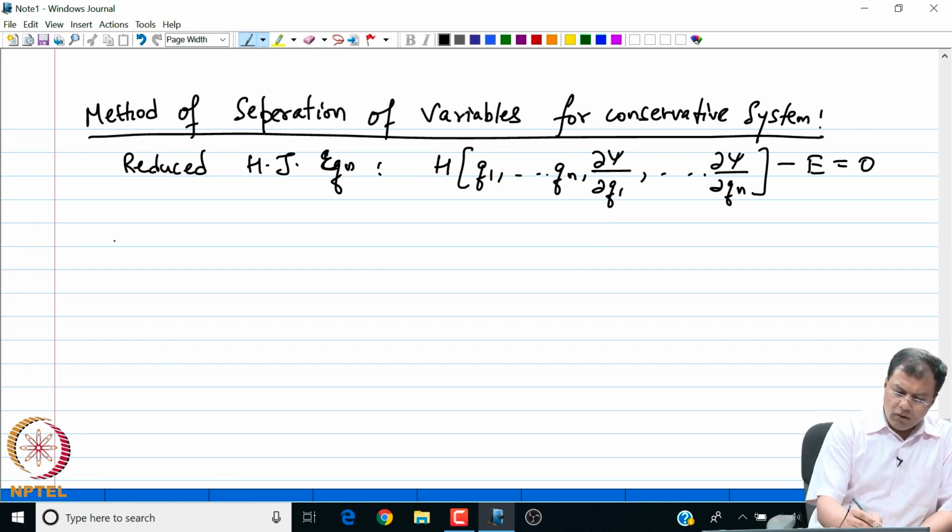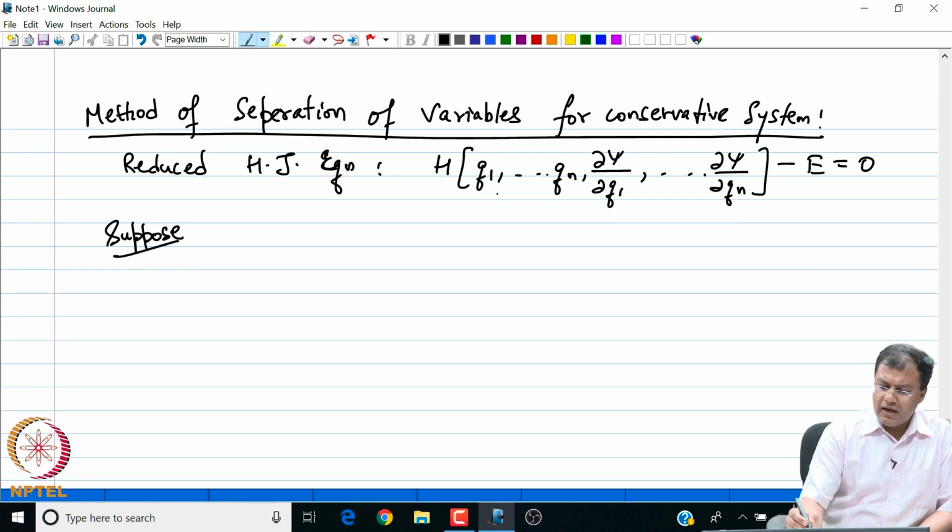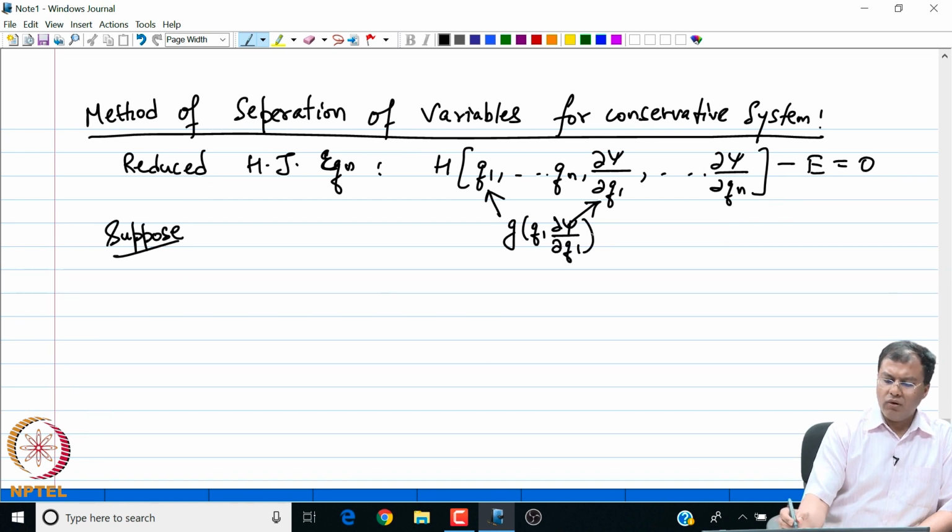Okay. Now, suppose we are in a situation where all the functions of q1, which is this one and this one, can be clubbed together in the form of g of q1 comma del psi del q1. Suppose we are able to separate out one of the variables, that is q1, and write it in a specific form. Let us say the function g of that variable.